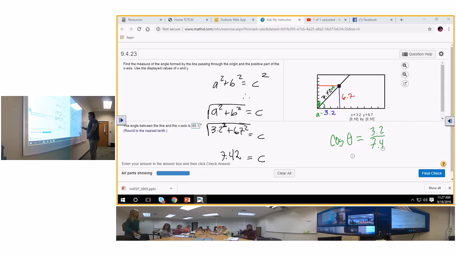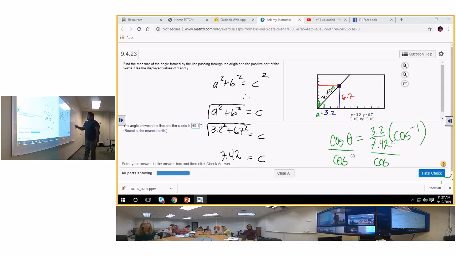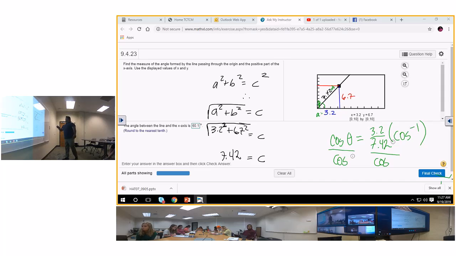Now, could you have used the sine? I don't care. Okay? The main thing is that you understand how to find it. Divide by the cosine, which means multiply by the inverse cosine. Somebody do 3.2 divided by 7.42 and take the inverse cosine of it and tell me what you get.